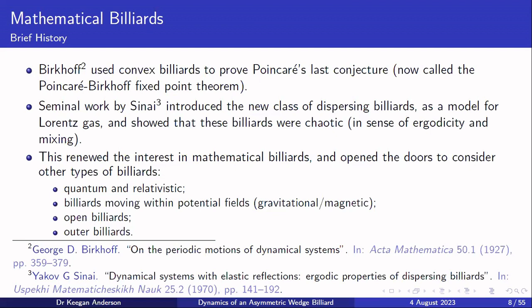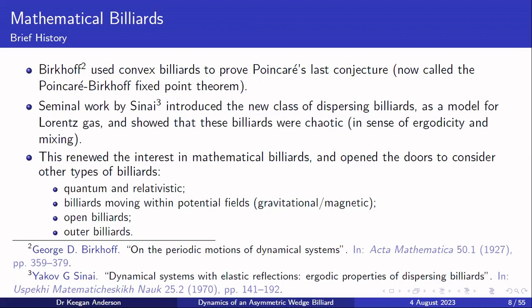It also opened the doors to consider other types of systems in the quantum or relativistic regime, if the particle is either very small or moving very fast. There are billiards moving within potential fields, like a gravitational field or a magnetic field.